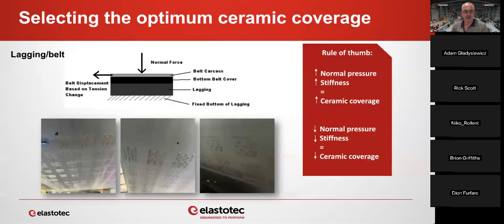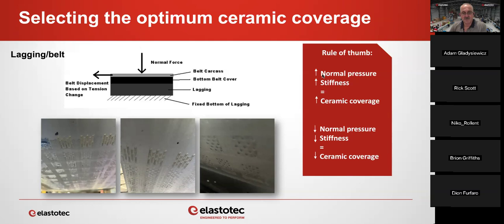I just want to quickly go through some rules of thumb on selecting or thinking about ceramic coverage. In general, if you look at this little diagram, we've got a normal force that's applied by the belt onto the lagging and then onto the pulley shell.